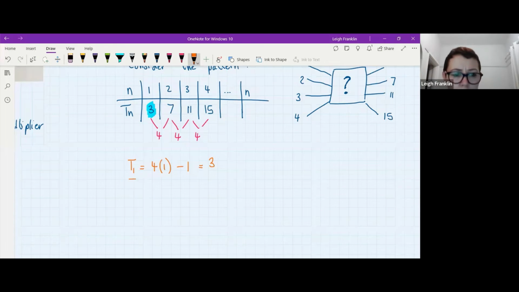For term 2, again, we take our 4, times it by our next input. When we take away 1, then we end up with 7. So the nth term of this pattern is times input by 4 and take away 1.